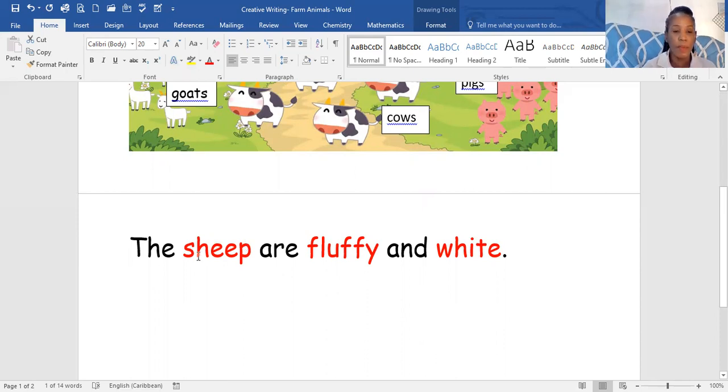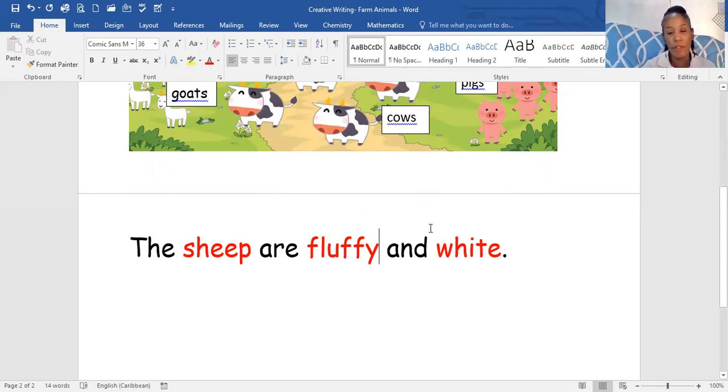Okay, good. So here we have the word sheep, which I'm writing about now. And then we described the sheep. We said the color of the sheep was white. That's the word white. And we also said if we felt the sheep, they would feel fluffy. Here's the word fluffy.